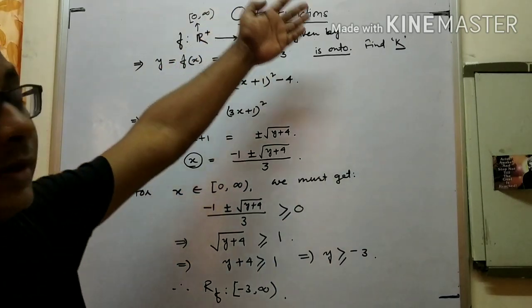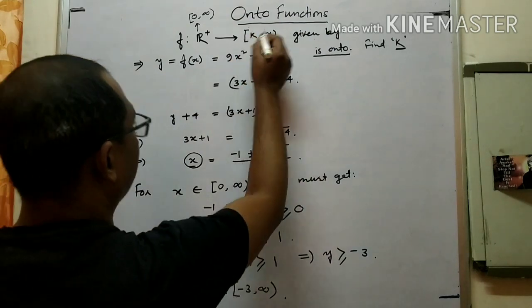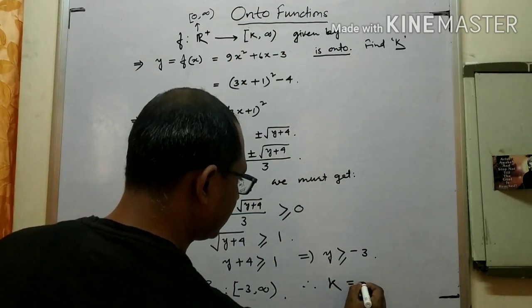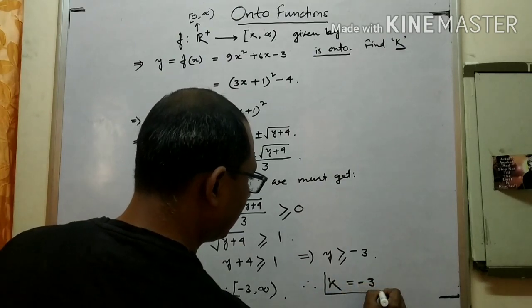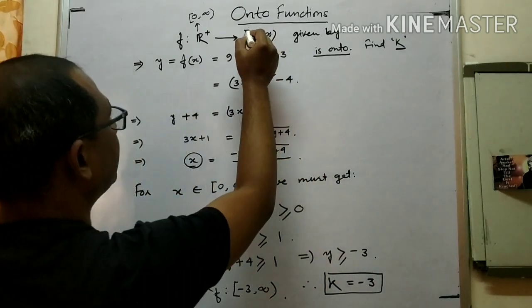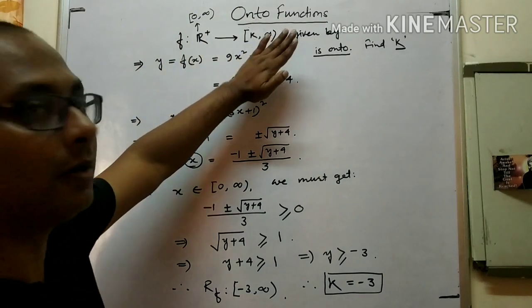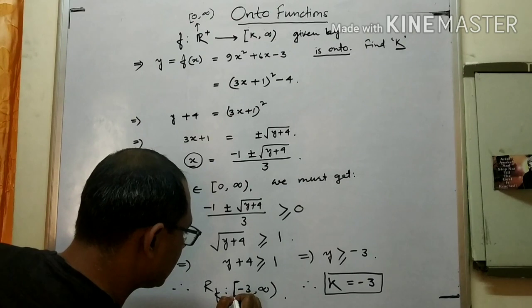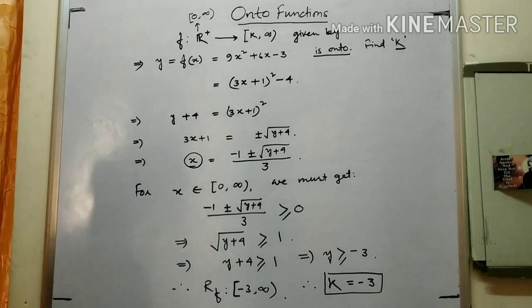Since the function is already given to be onto, the value of k should be equal to −3. So if k equals −3, then this function will become onto. That is the answer to the question.